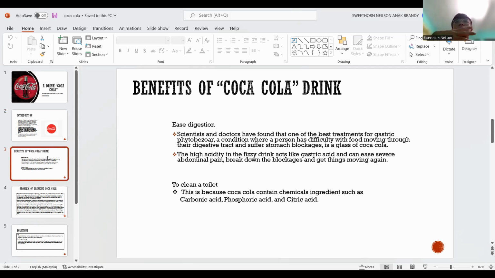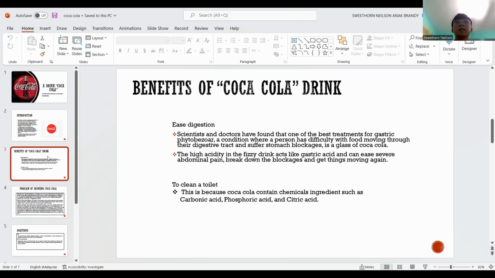Scientists and doctors have found that one of the best treatments for gastric phytobezoar, a condition where a person has difficulty with food moving through their digestive tract and suffers stomach blockage, is a glass of Coca-Cola.